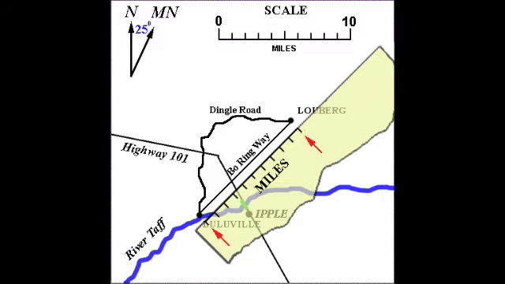Scale of a map is the ratio between the actual distance on the ground and the distance shown on the map. To understand it better, let us look at the map shown here. Suppose there is a place A, this is another place B, and the distance between the two places is 6 centimeters on the map.